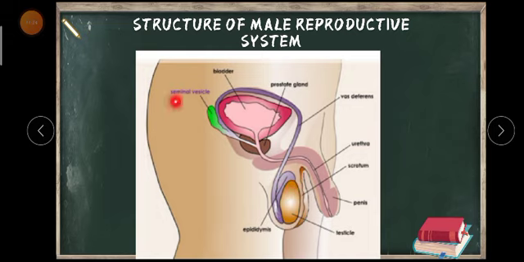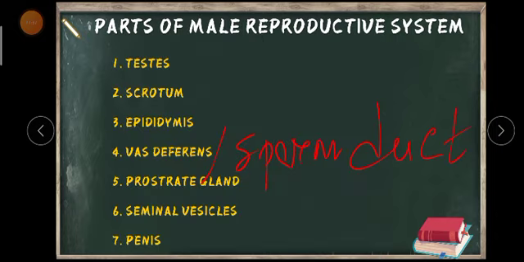If produced inside the body, they would die, so they are produced outside the body. Is it clear? For their growth, sperms require low temperature. This is the reason why sperms are not developed inside the body but need a separate place outside the body. That's why males have scrotal sacs outside the body.